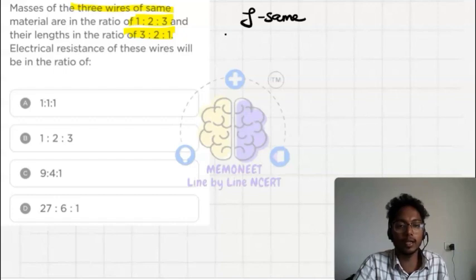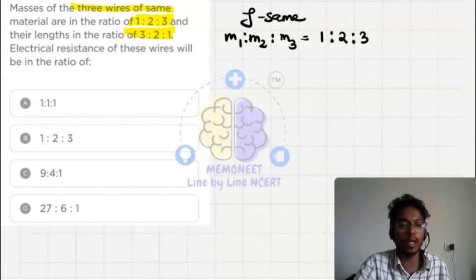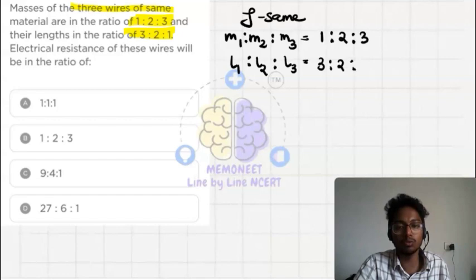The masses m1 is to m2 is to m3 are in the ratio 1:2:3, and the lengths L1 is to L2 is to L3 are 3:2:1. So these are the ratios of masses and lengths.